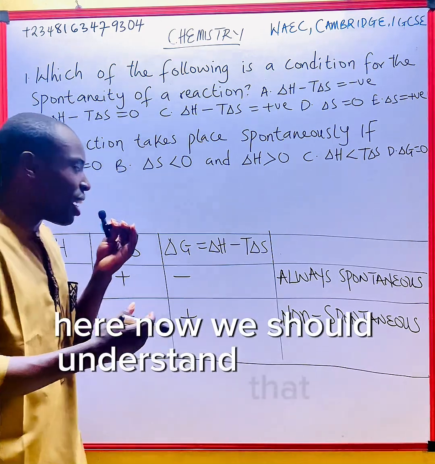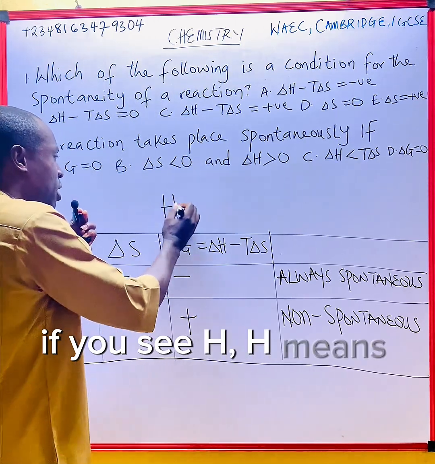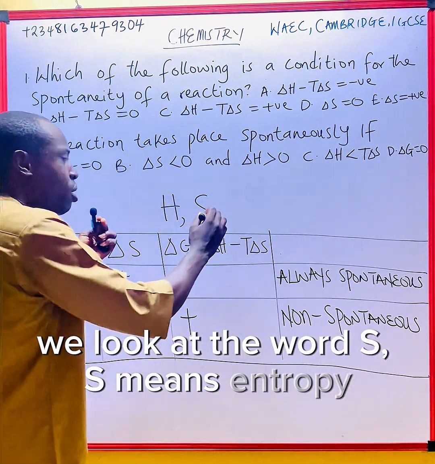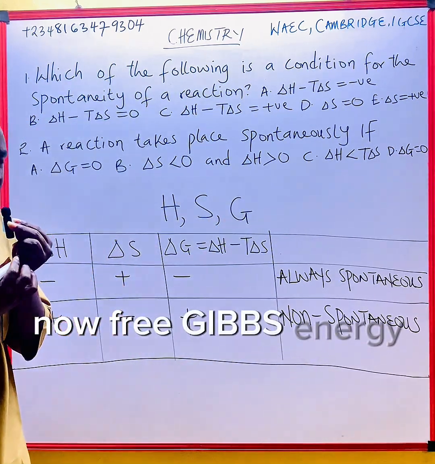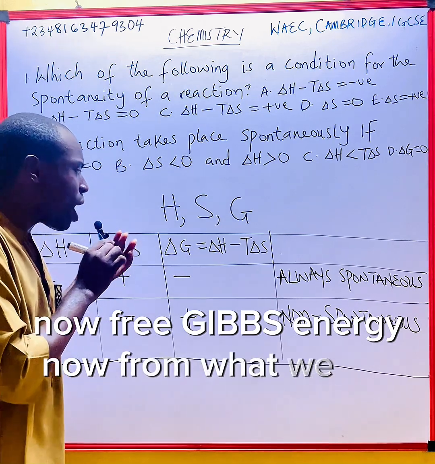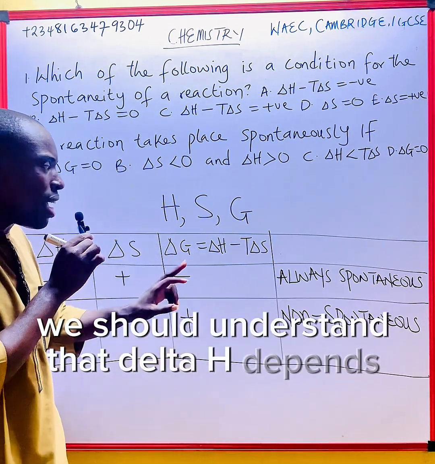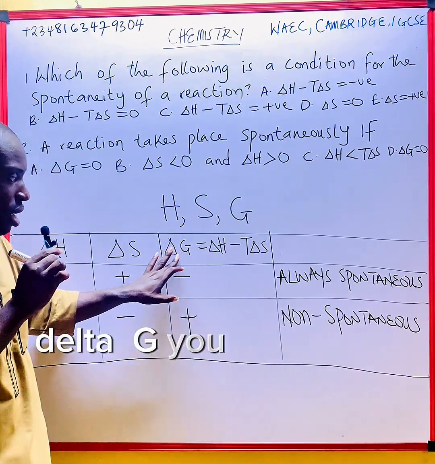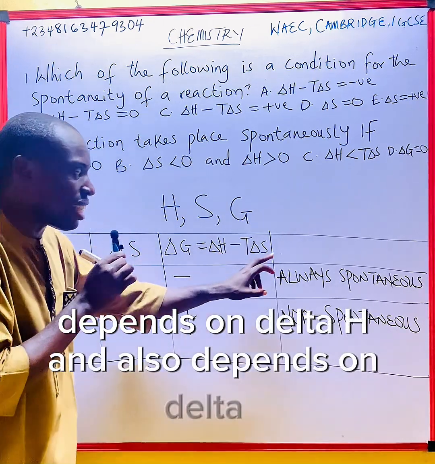We should understand that the symbol H means enthalpy, S means entropy, and G means free Gibbs energy. From what we are having here, delta G depends on delta H and also depends on delta S.